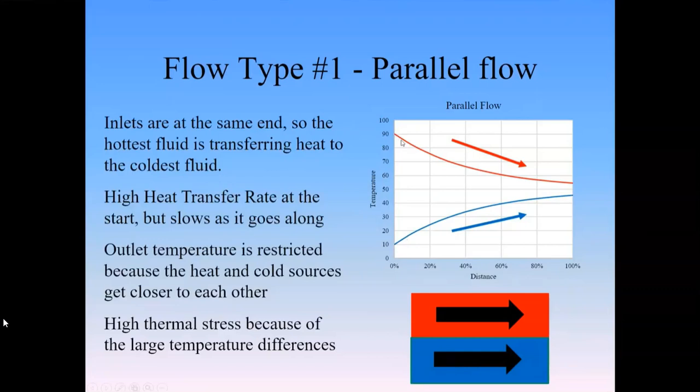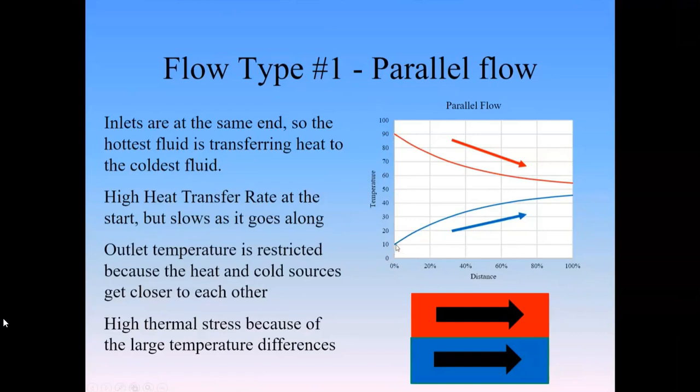We have surface area, we have the types of fluids that we have. But one of the major ones when we're talking about fluid to fluid movement is how much difference of temperature do you have? So in this case, I have 90 and 10, so I have 80 degrees of difference. So I'm going to have a large heat exchange rate at the very start of my parallel flow heat exchanger.